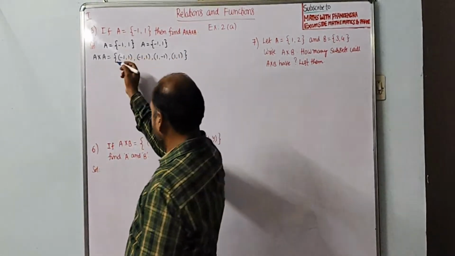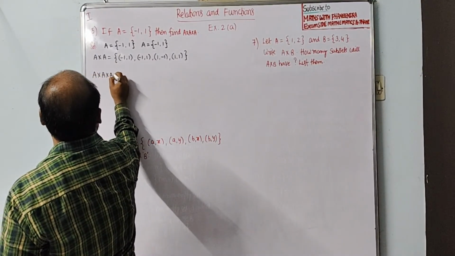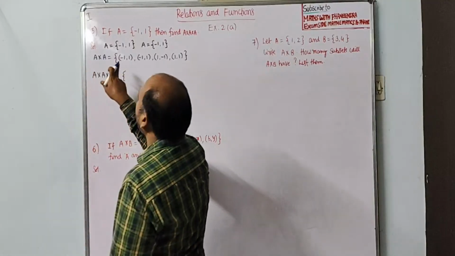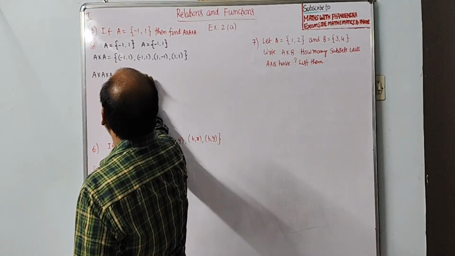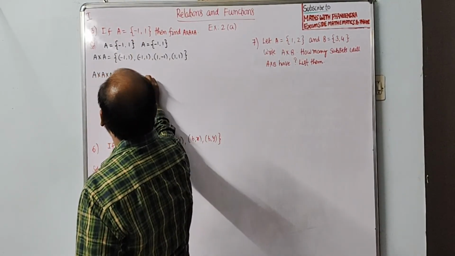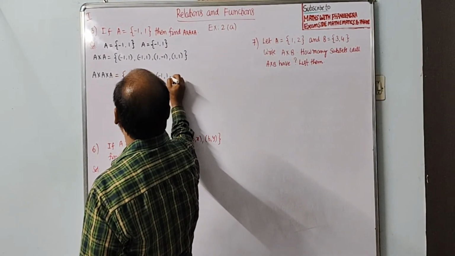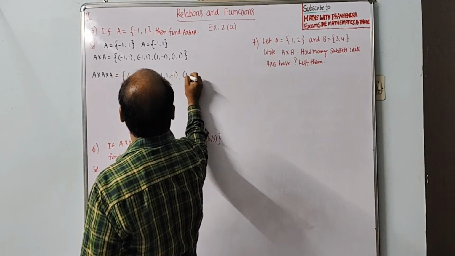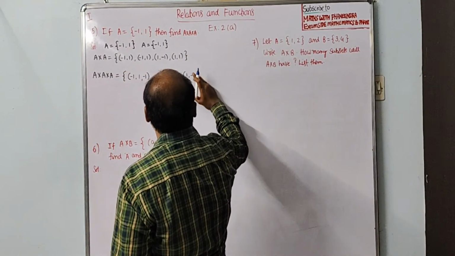Later A cross A cross A: this element with the first element. So (-1, -1, -1), (-1, 1, -1), (1, -1, -1).